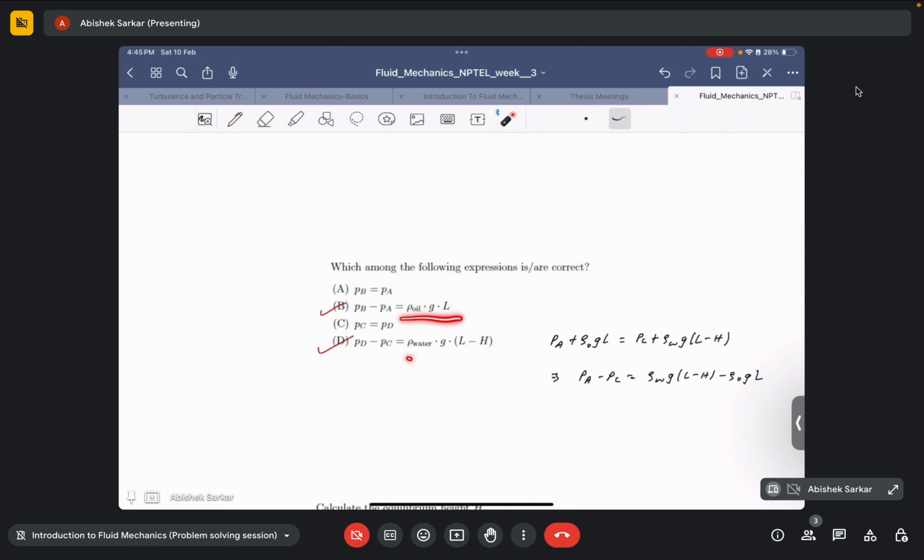So try to obtain expressions that are within the options, and if after finding the pressure difference, the expressions do not match with your right hand side, then you can say that none of the options are correct. But since the difference that you're trying to obtain is not among the options, it is difficult to correlate your answers. So you have to use different tricks to obtain the correct options.